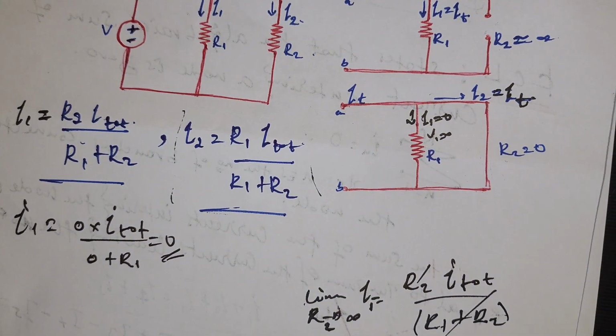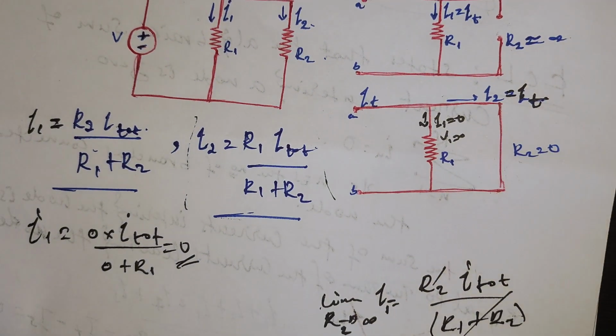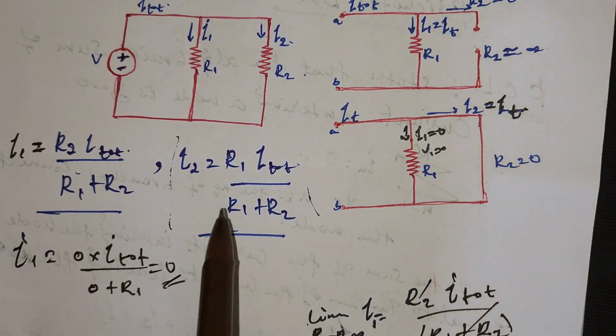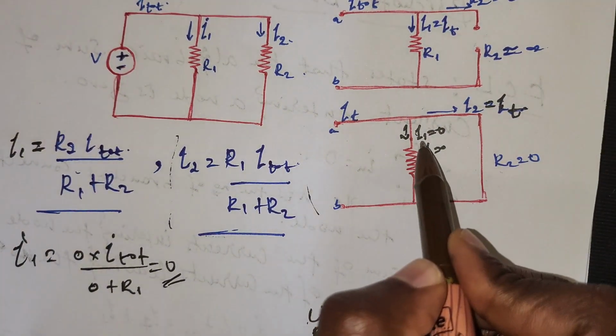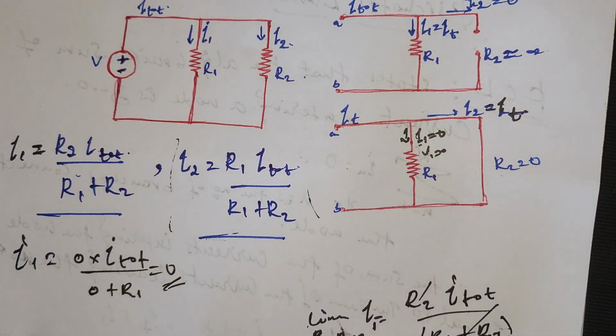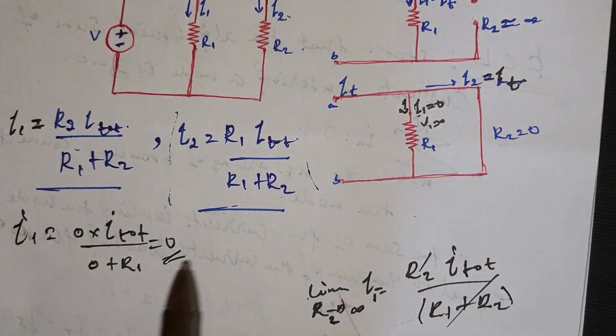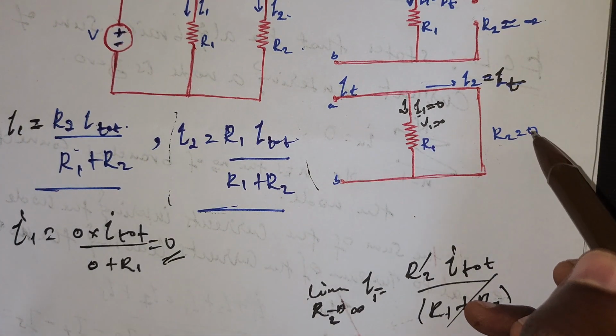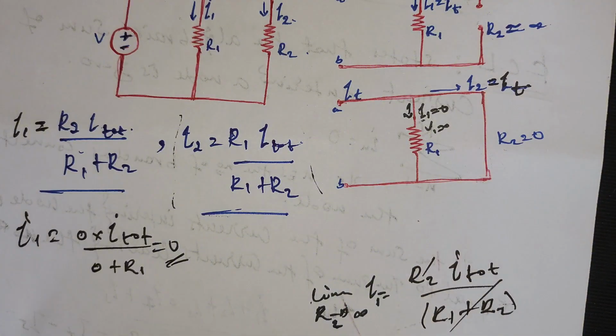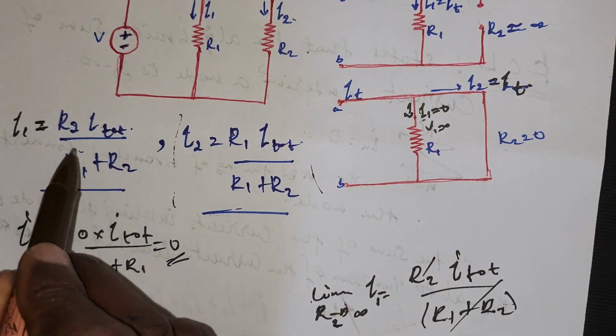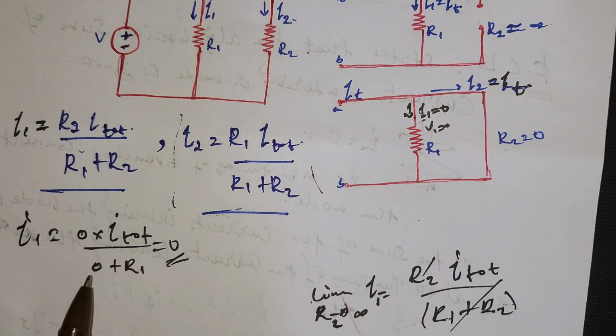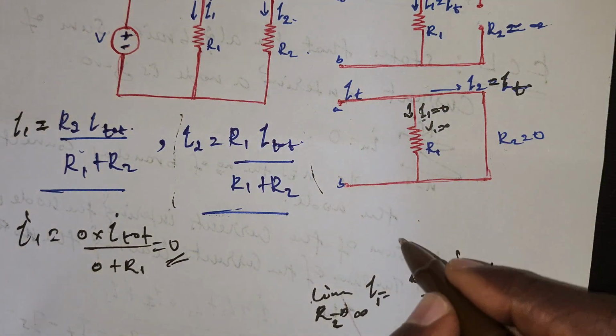Why? Because we can prove it from the formula. I1 in this case: inserting R2 equal to 0, because a short circuit can be assumed as 0, we find I total times 0 over R1. So 0 multiplied by any number gives us 0. How about I2?